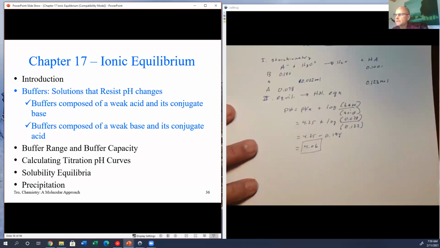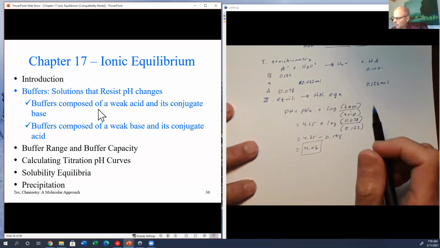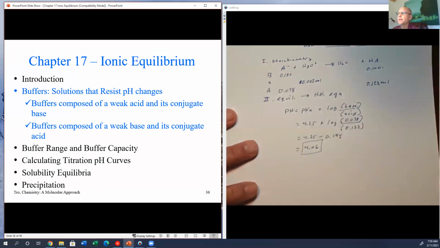So far we've been dealing with buffers composed of a weak acid and its conjugate base, and we've used the Henderson-Hasselbalch equation to calculate the pH. We can also use the Henderson-Hasselbalch equation to calculate the pH of buffers composed of a weak base and its conjugate acid.